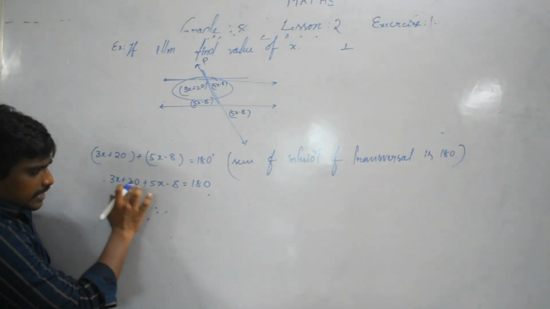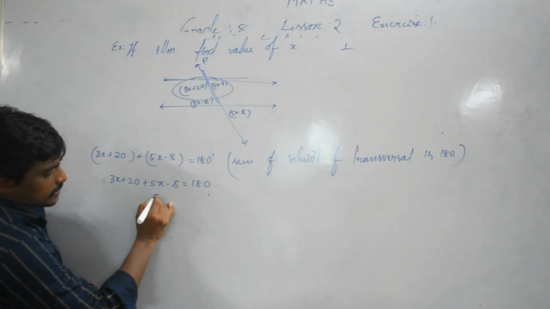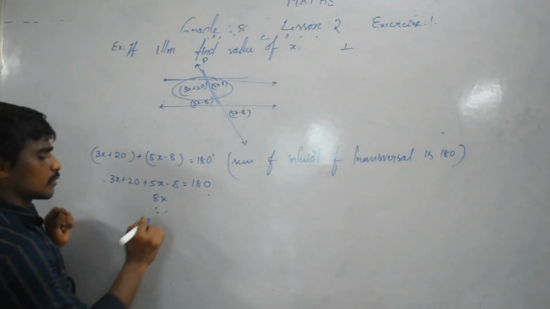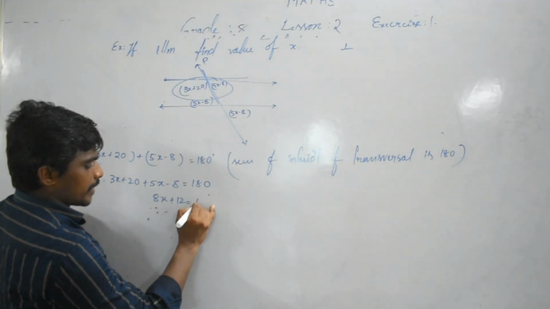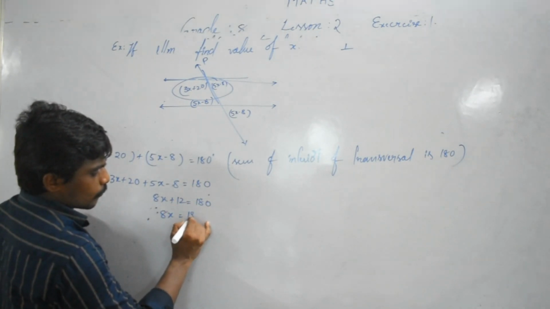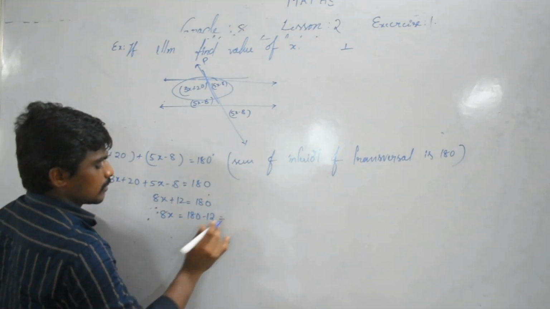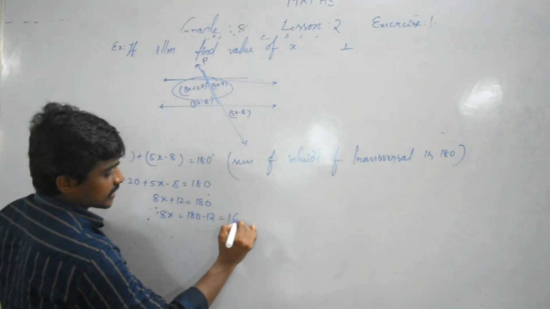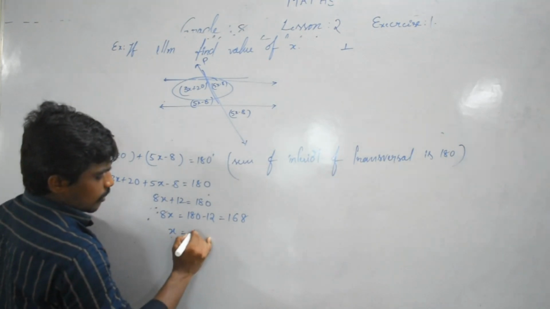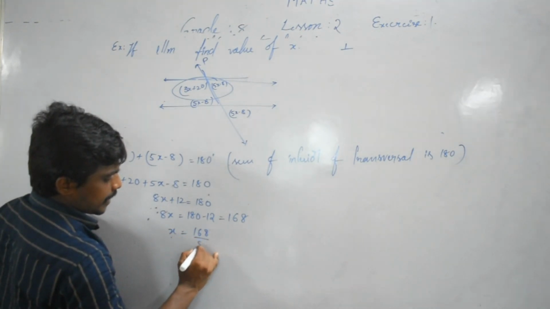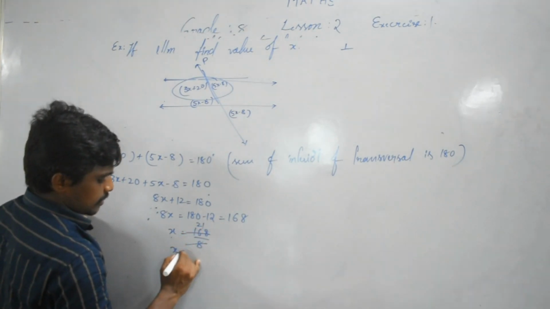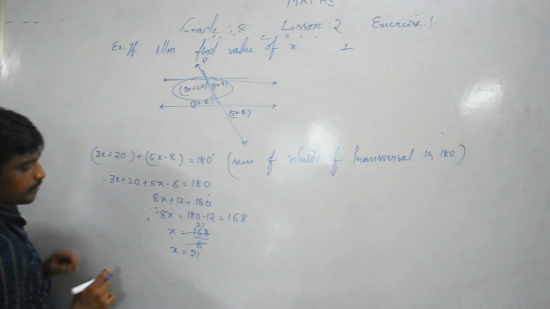So 3x plus 5x is 8x, 20 minus 8 is 12, equals 180. So 8x equals 180 minus 12, which is 168. x equals 168 by 8, which is 21.